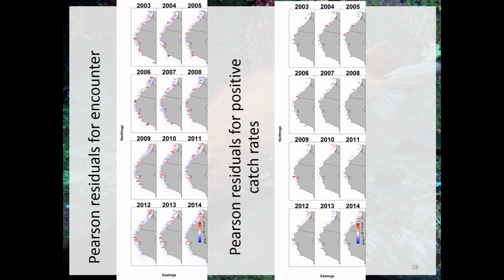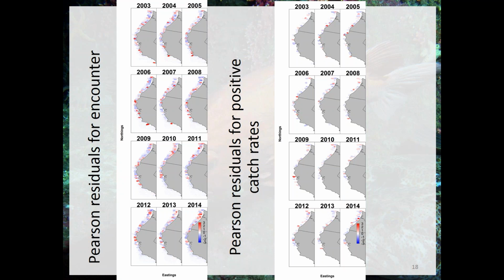In this case, these are the Pearson residuals for encounter probability for some species off the West Coast at a coarse scale. There are a lot of dark reds representing cases where the encounter probability is higher than the model is predicting, though only somewhat higher. But there's not really any persistent spatial pattern in those residuals across time or in blocks of areas, so I don't think the model is systematically missing in the north or the south or in 2003 or whatever.